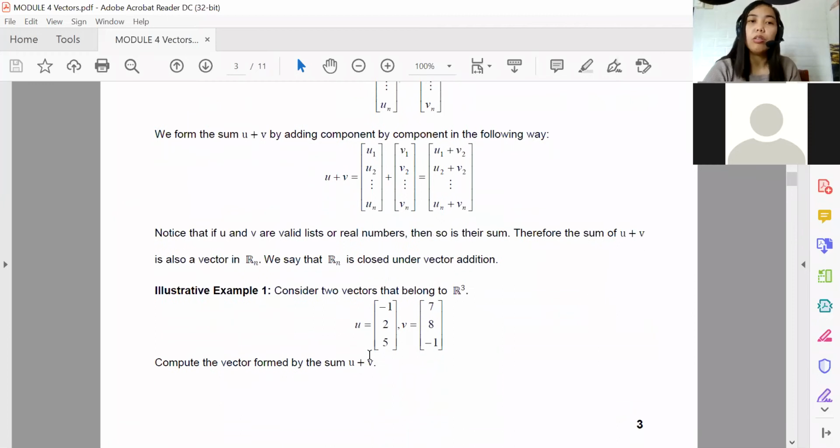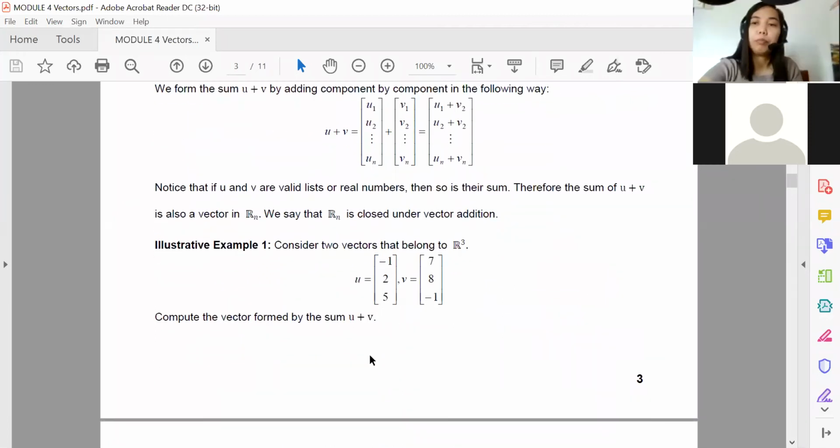Okay, so let's consider an example. Number 1, consider two vectors that belong to R3. It means that the elements are all real numbers and we have the size.